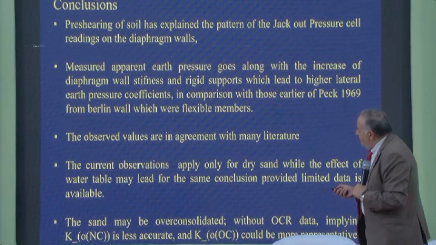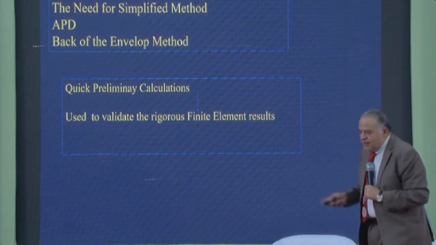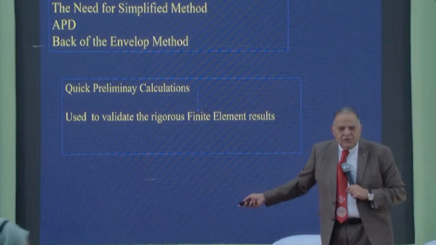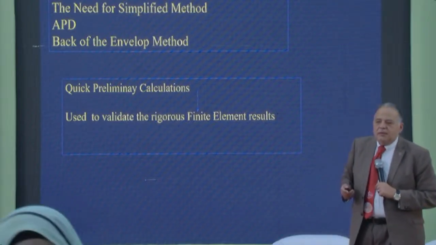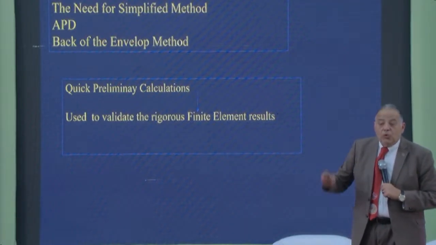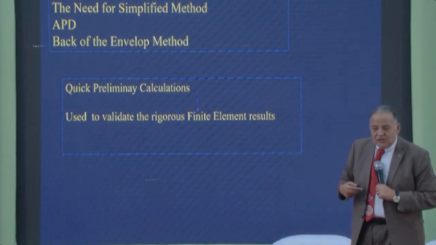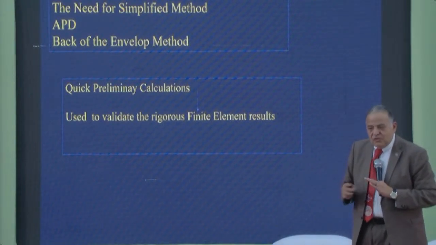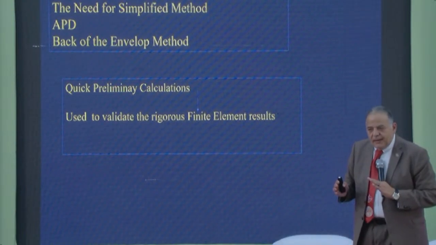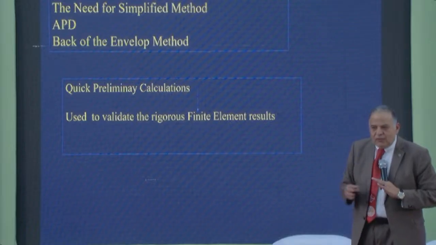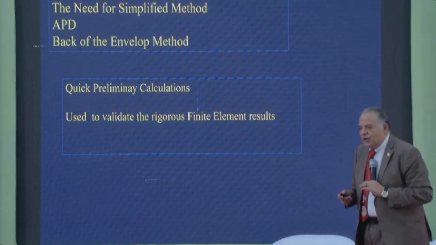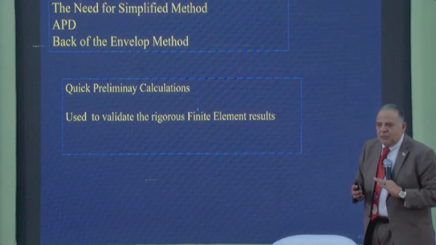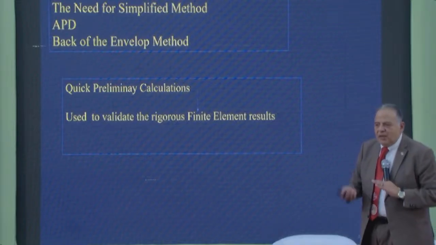So this means that there is some development in this research that will require us to collect more data, more measurements, with different types of walls, different stiffnesses, and try to have an apparent earth pressure diagram and make it available for the profession.